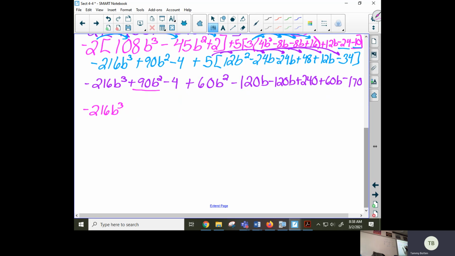But notice I have a 90b squared plus 60b squared, and actually those are the only two. 90 plus 60 is 150b squared. And I think what I'm going to do next is combine my b's. So I'm going to go negative 120 minus 120 is negative 240 plus 60 would be negative 180b.